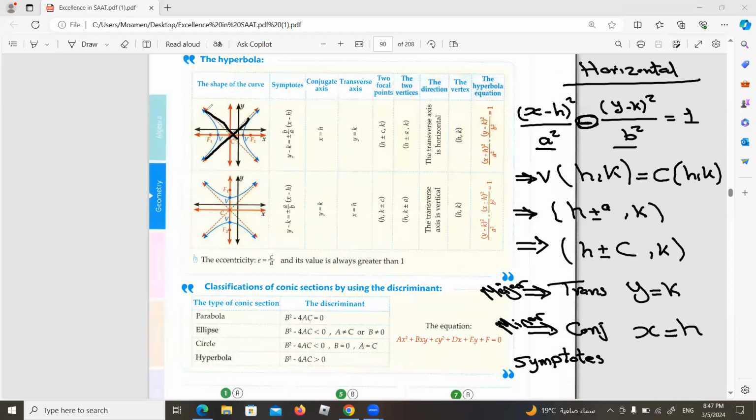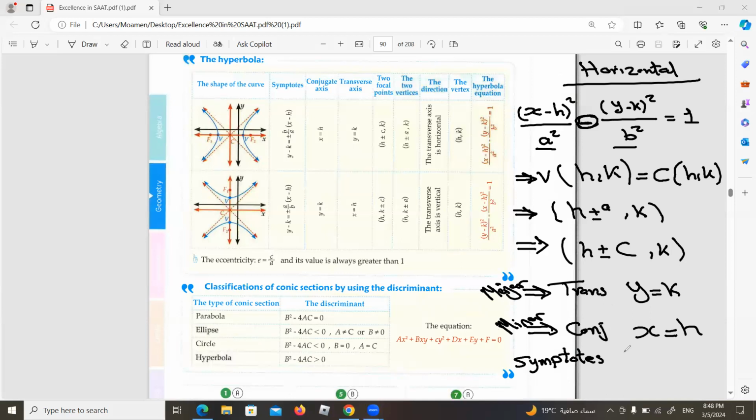These are called the asymptotes for the curve. Asymptotes means the curve is very near to, or approaches, these lines, but doesn't intersect them. Very near, but doesn't intersect. As you see, the asymptotes are two straight lines.